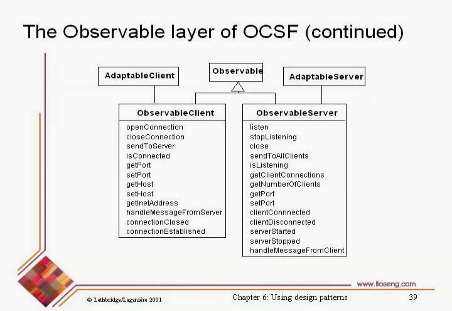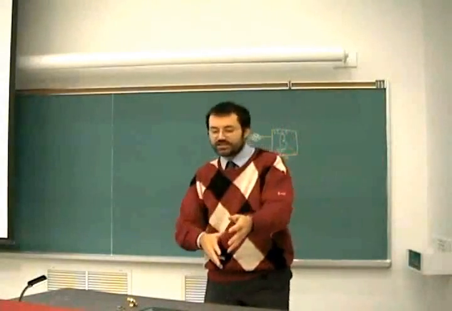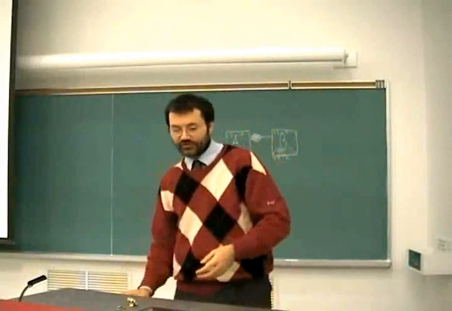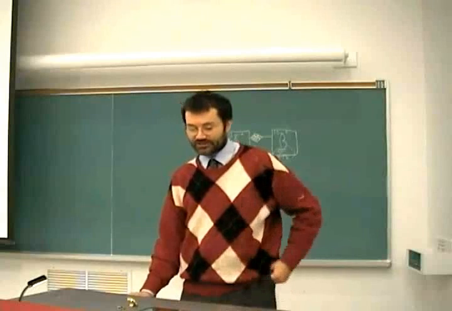I have a whole bunch of stuff in my adaptable client, and I have a whole bunch of stuff in my observable client, and these observable things are going to use my notify all observers, which will notify update, but ultimately the observers will get back instances of the observable object and they can ask these questions. So all these things are doing is delegating. They're just delegating to the adaptable client. As I said, we have to adapt, so that's why we're doing this delegation.